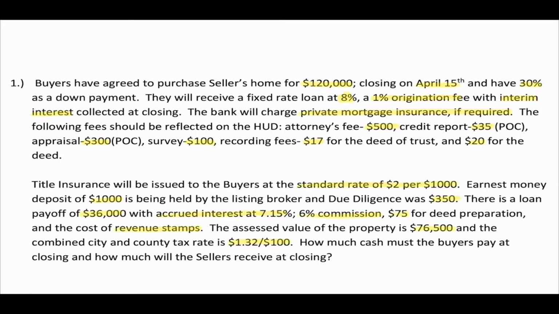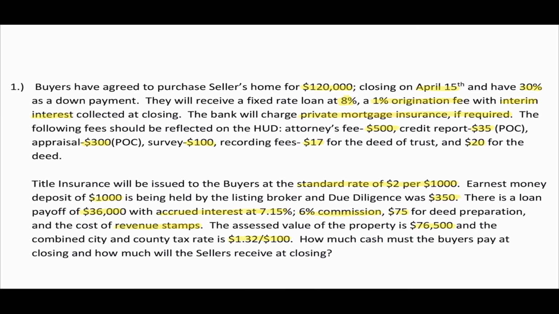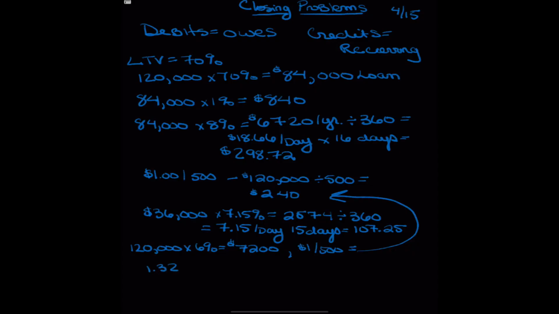Now we have our last calculation. It says the assessed value of the property is $76,500 and that the tax rate is $1.32. So we know we're going to pay $1.32 for every 100 of the assessed value. How many hundreds are in 76,500?